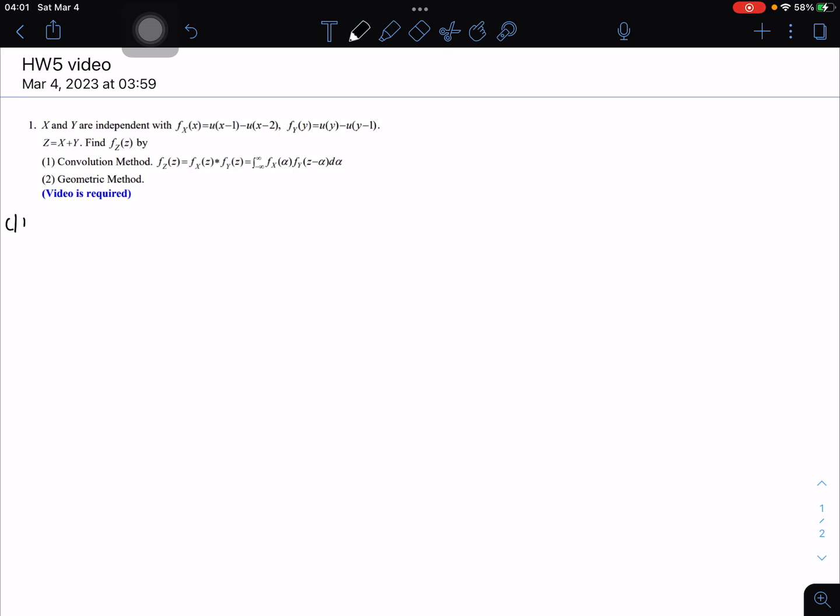It says that f_Z(z) equals the integral of f_X(alpha) f_Y(z minus alpha) d alpha.